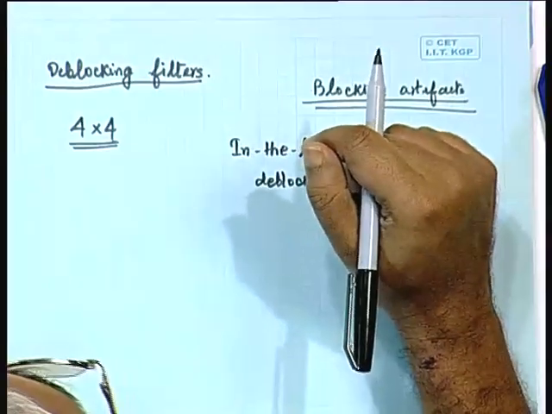Now, the $1,000,000 question is how to decide whether the change in the intensity values is arising out of the artificially created blocking artifacts or whether it is because of the content itself.